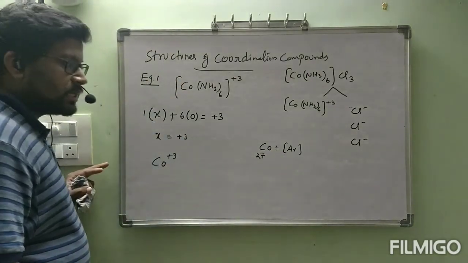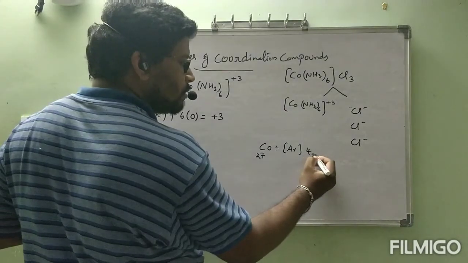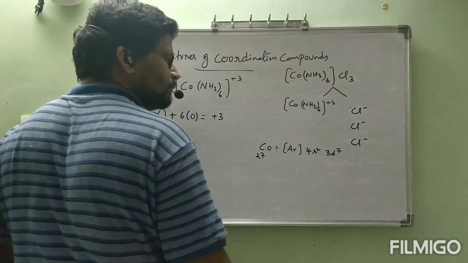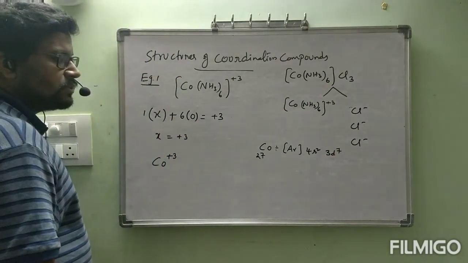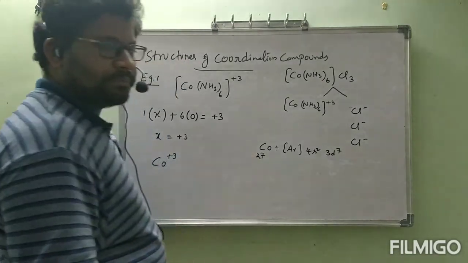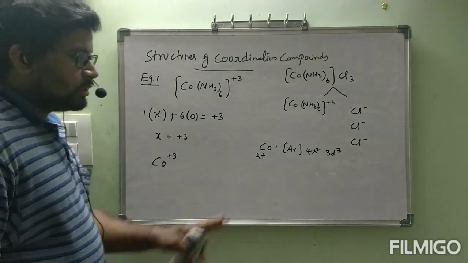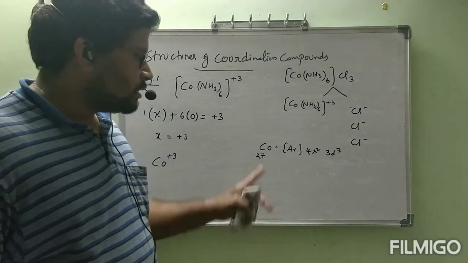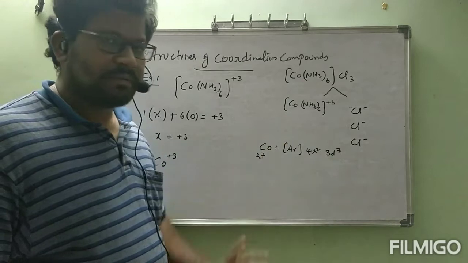Then argon 4s2 3d7. This is the neutral atom cobalt configuration. Is it okay? Argon 4s2 3d7.